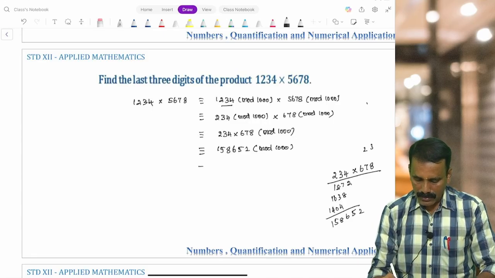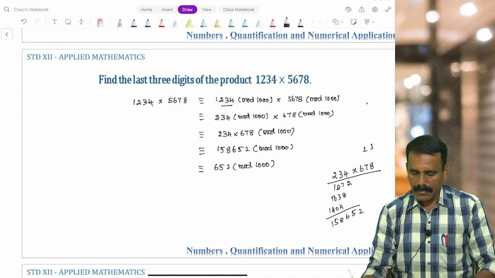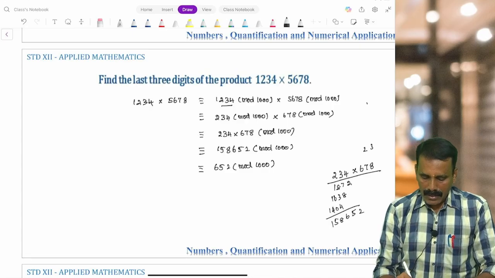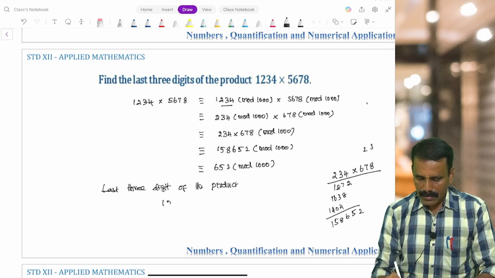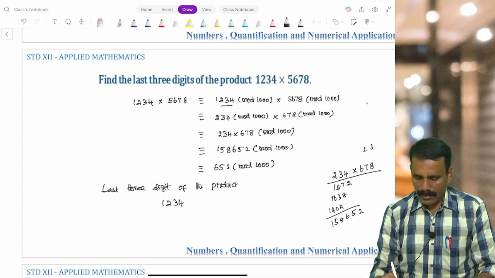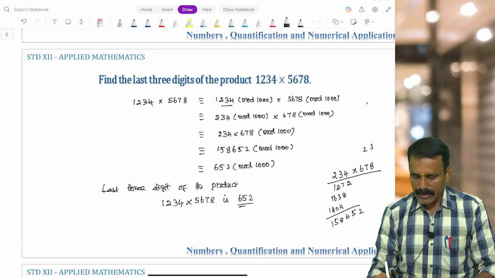So it is congruent to 652 mod 1000. So the last 3 digits of the product 1234 and 5678 is 652.